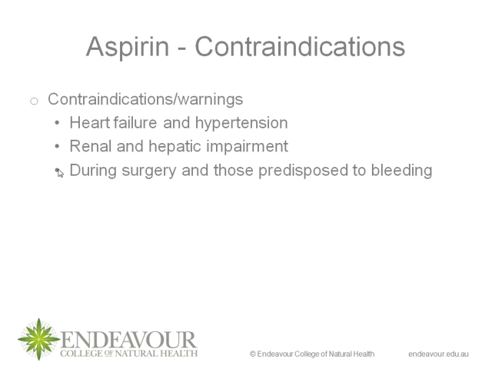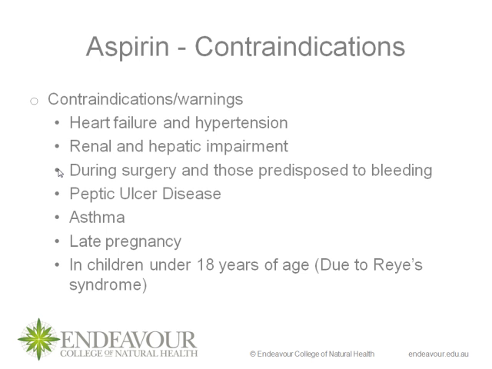It is contraindicated in those about to undergo surgery because of that prolonged bleeding time. It is contraindicated in peptic ulcer disease, asthma, late pregnancy. We do not want prolonged bleeding during childbirth, so contraindicated in late pregnancy.